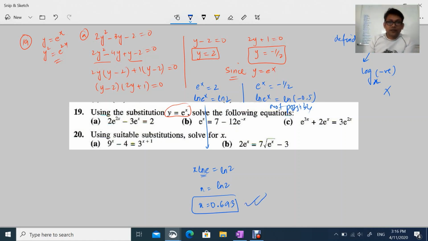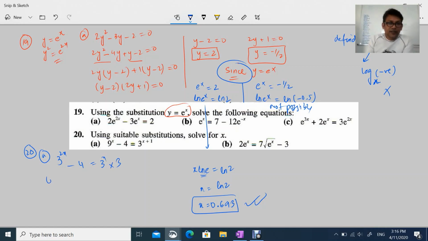Okay, question number 20, part A. You want to make an equation first and then do the same method, and apply ln, very important. Here, I can just make the equation for you and you have to complete the question yourself. 3 power 2x minus 4 is equals to 3 power x into 3.